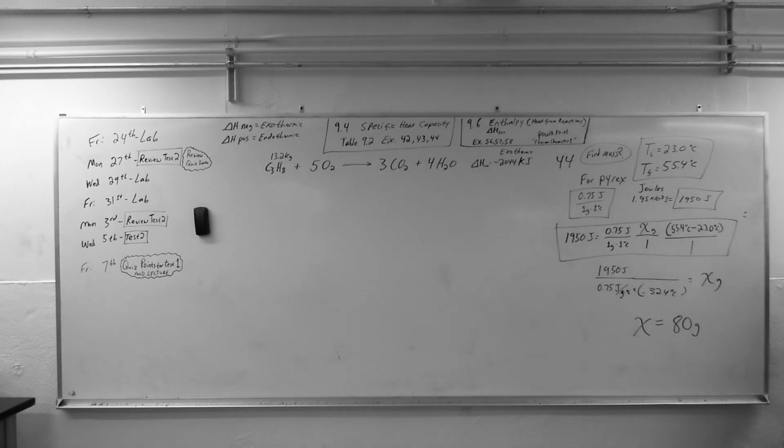Now, of course, you're going to do this. Let's see if they calculated it for me. They did somewhere. I'm just going to use it. The molar mass of C3H8 is 44.09 grams per mole.